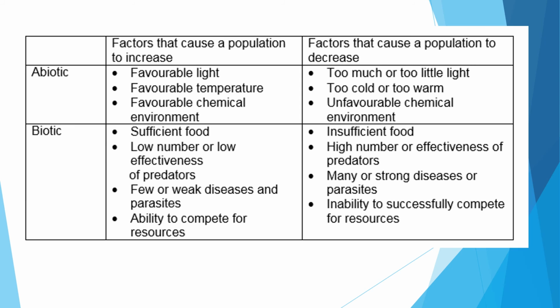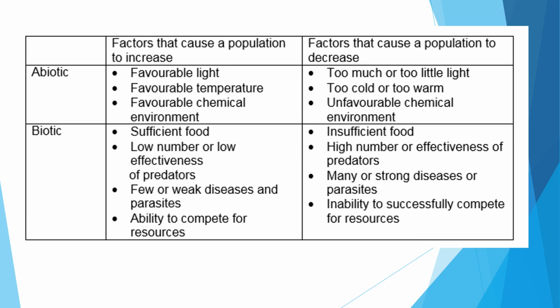Okay, so here we have factors that cause a population to increase, both abiotic, non-living, and biotic living, and then factors that cause a population to decrease, both abiotic, non-living, and biotic living. So factors that cause a population to increase that are non-living: favorable light, okay, good amount of light from the sun, good temperature.